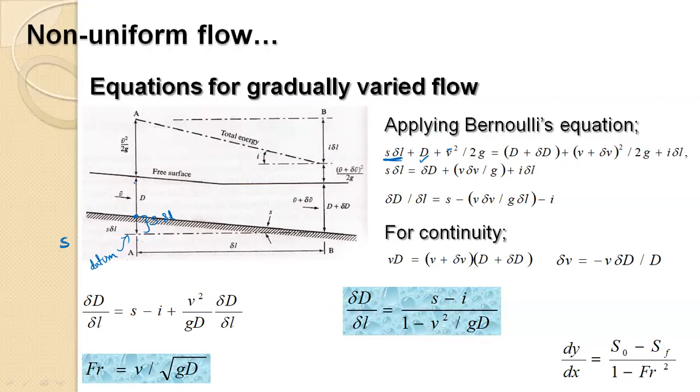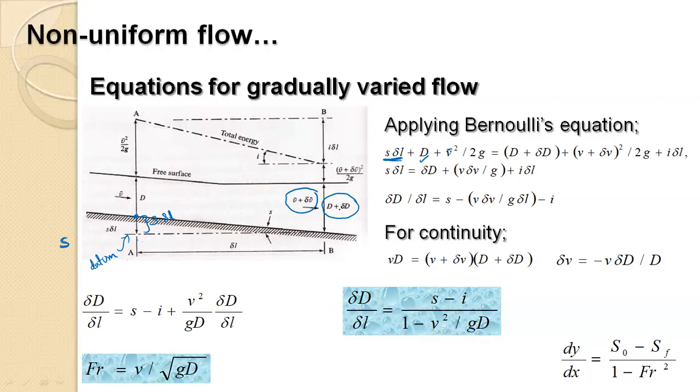Now I'm going to consider a change to the free surface. It is not uniform flow, it is non-uniform flow, so some changes occur when the fluid flows from point A to point B. I'm going to assume there is a change of delta V to the velocity and a change of delta D to the depth.